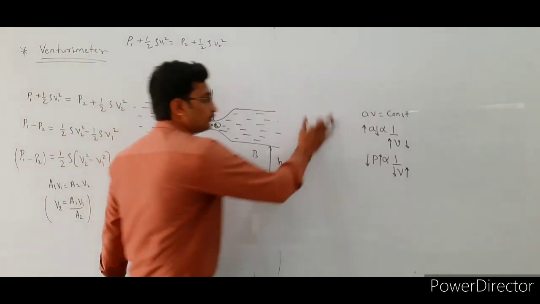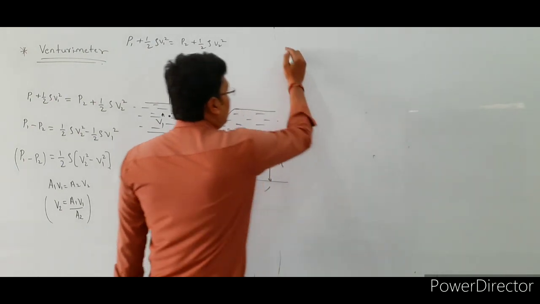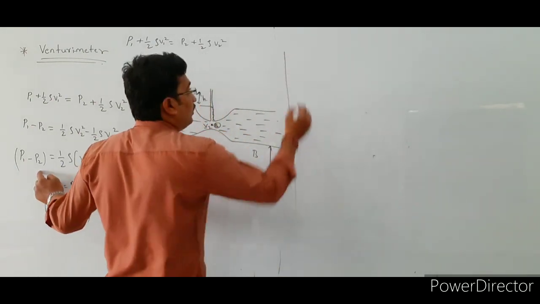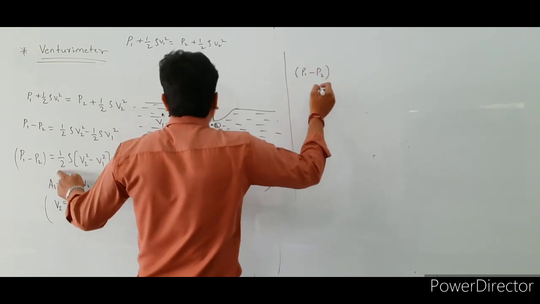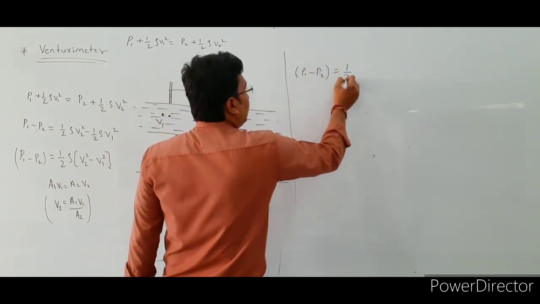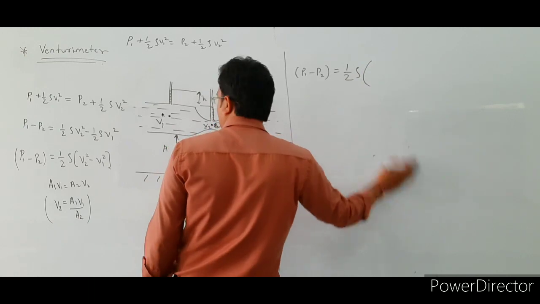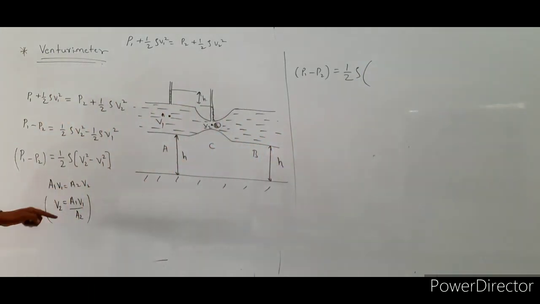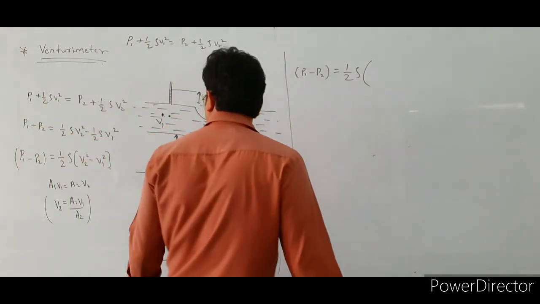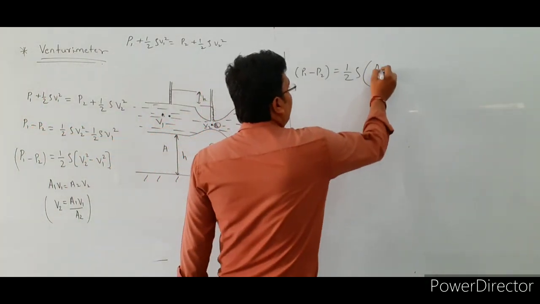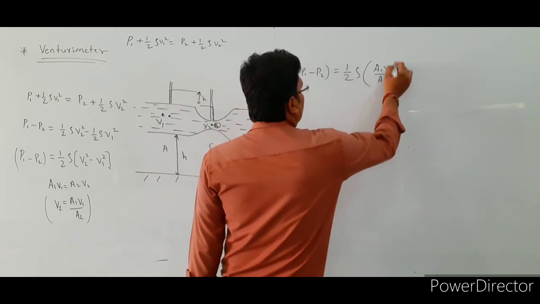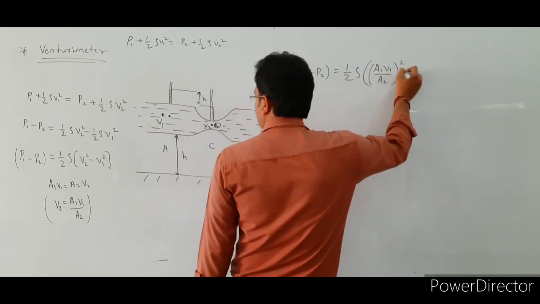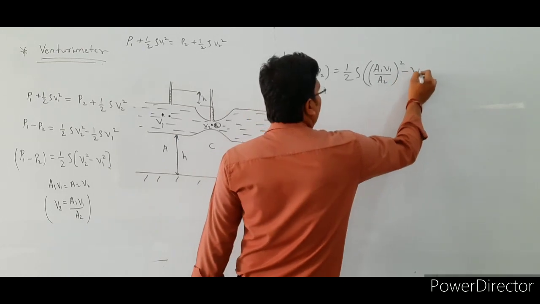Okay, see here. P1 minus P2 is equal to 1 by 2 rho as it is, and here the V2 value is A1 V1 divided by A2. Substitute the V2 value here, that is A1 V1 divided by A2 whole square, minus V1 square.